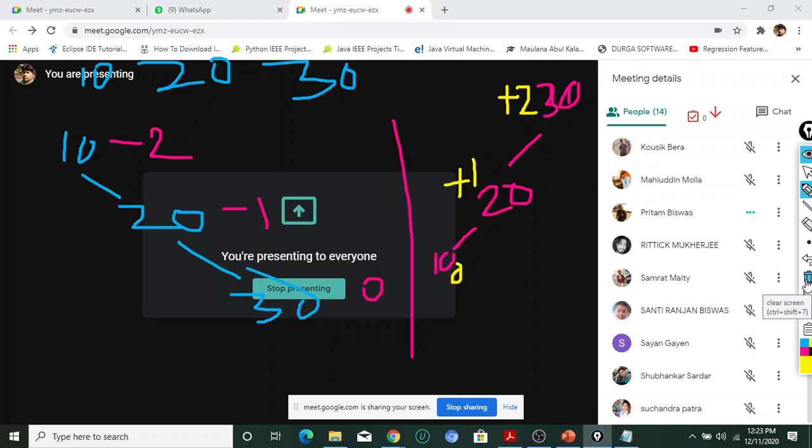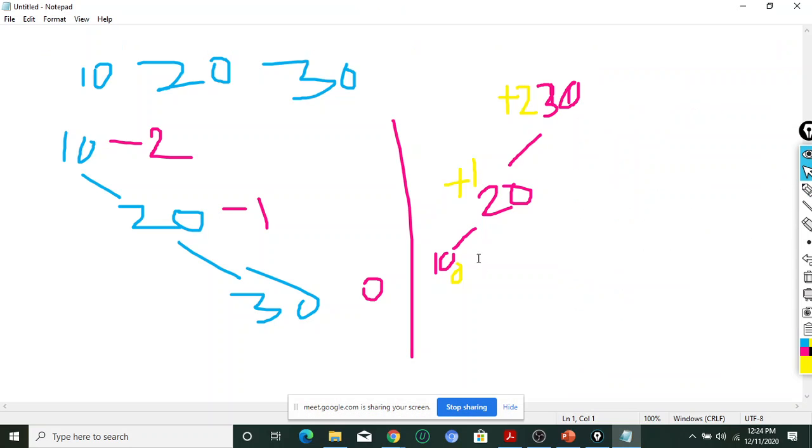So we have seen that, considering only 3 nodes in this example, we are getting balance factors of minus 2 and plus 2, which are not in the allowed range. I told you the balance factor of a balanced tree can be 0, minus 1, or plus 1, three possible values.